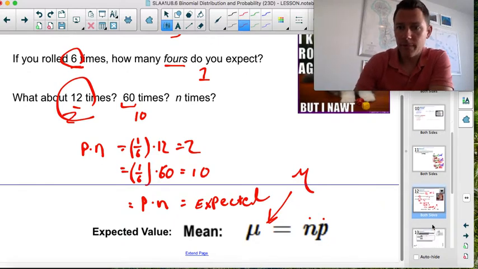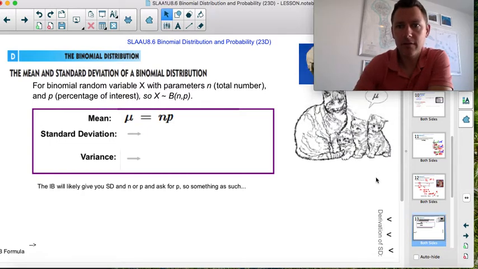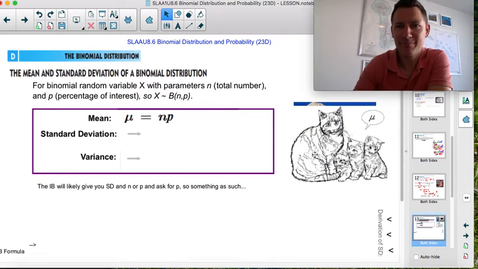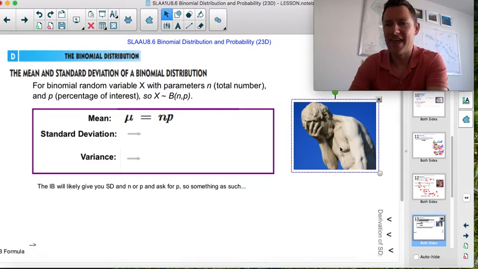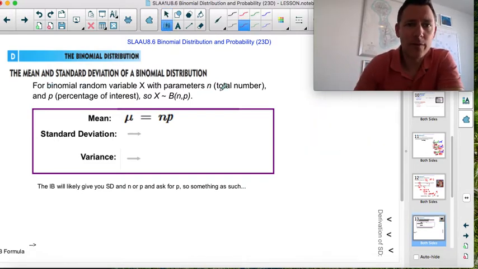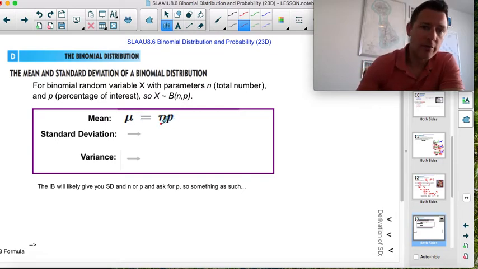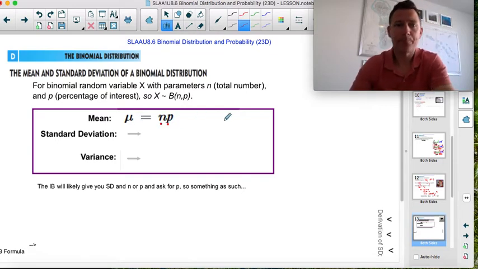So let's use it. We want to say that the average value, mu, the expected value, is the number of trials times the probability of each trial.